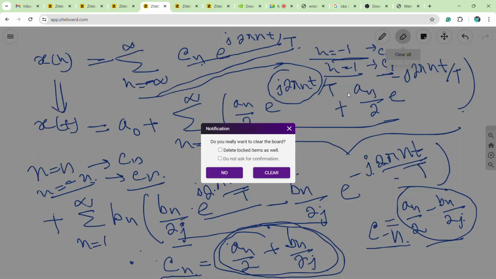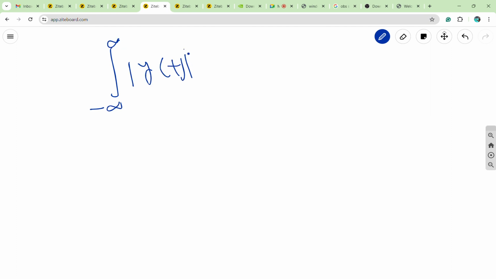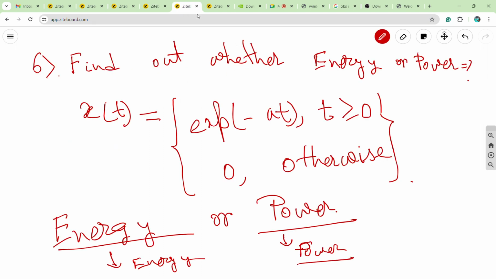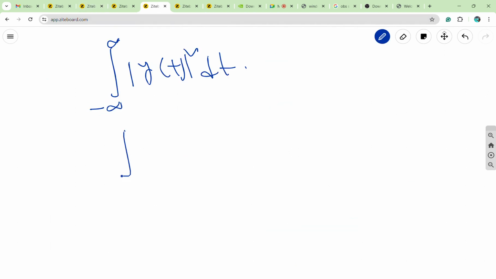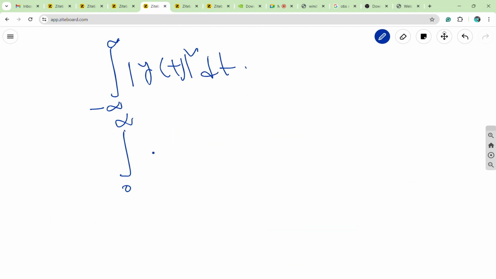So let me calculate it. As I said, what is the energy? Minus infinity to infinity, take mod of y(t) square dt. Just look at the signal. The signal is from t equal to 0, so the lower limit becomes 0 and the upper limit remains infinity. And what is the signal here? Exponential of minus at, so it is exponential of minus 2at into dt.